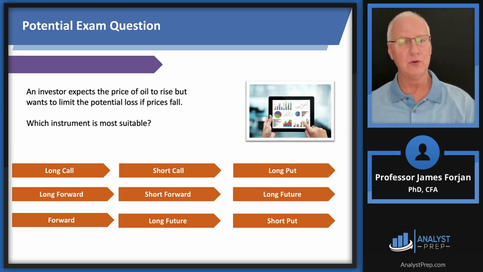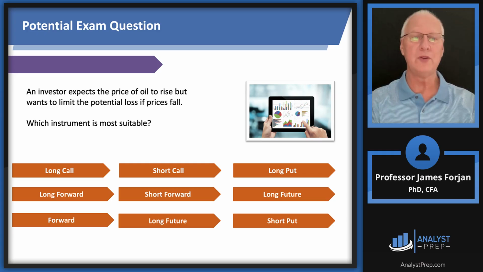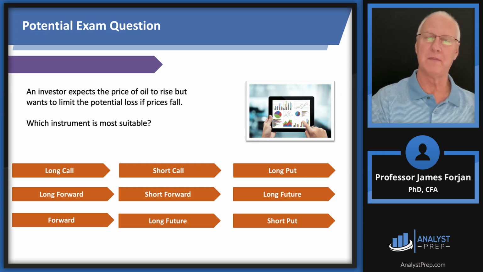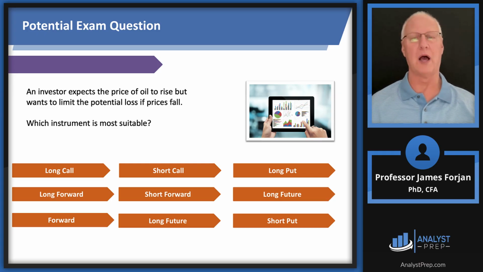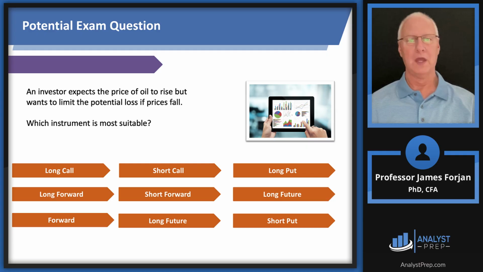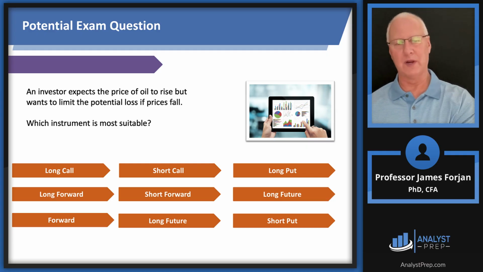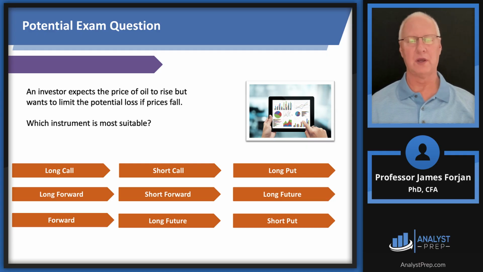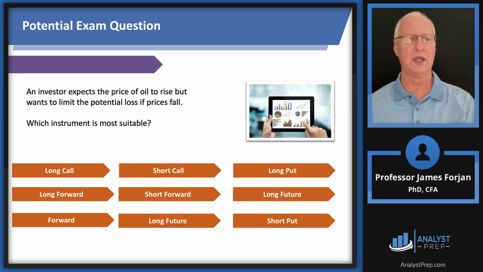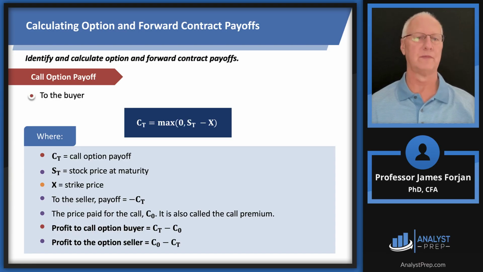But if the price falls, all we do is lose the premium that we paid on that call option. Now, if you go down to the bottom right there, if you do a short put, you might think that might be a good thing, but it doesn't meet all of those conditions.